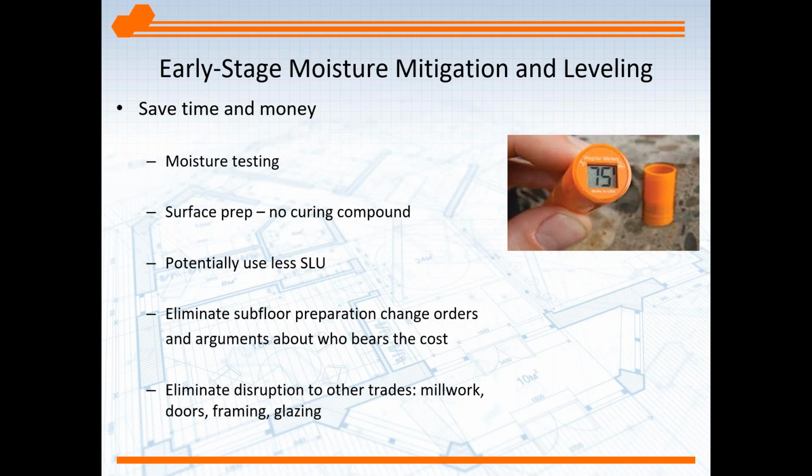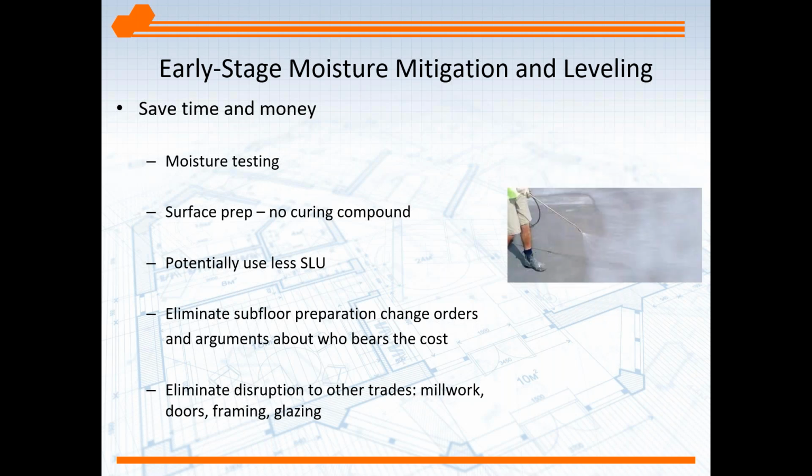And that's different than when it's typically handled. But by early stage moisture mitigation and leveling, there are some savings of time and money. One, moisture testing. You're going in with the membrane. There's no need to test for moisture because you're putting down a 100% RH resistant coating. So the cost and time for testing is eliminated. Surface prep.